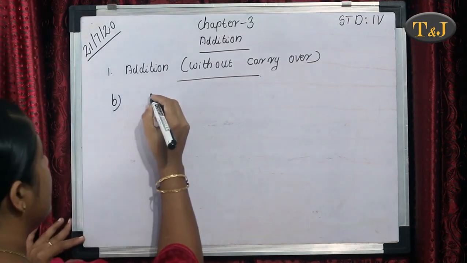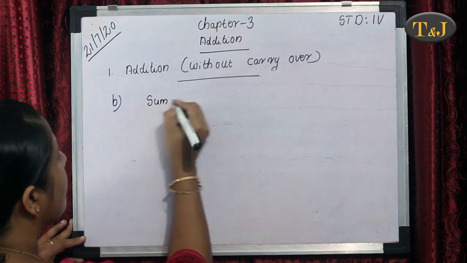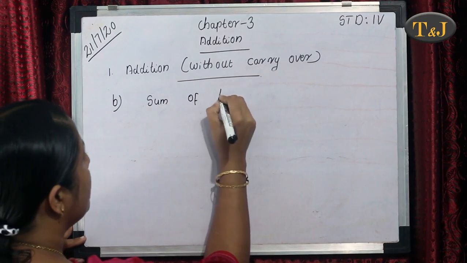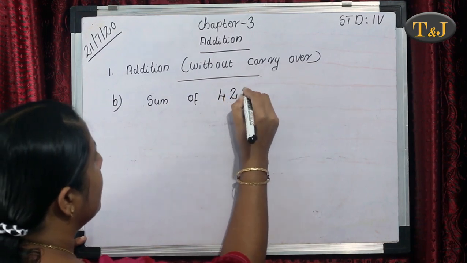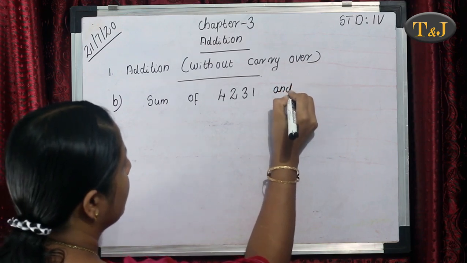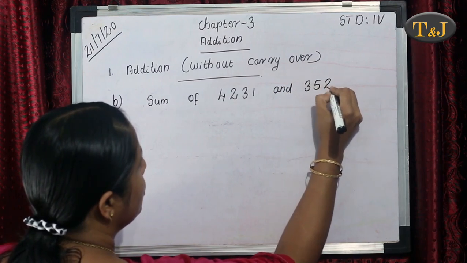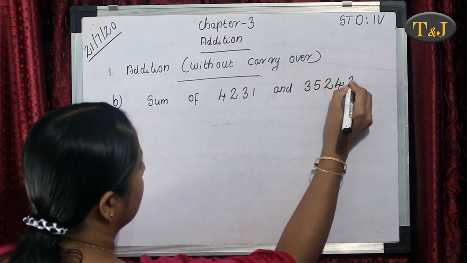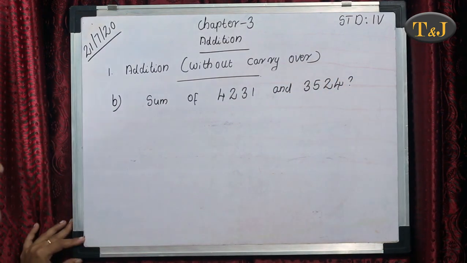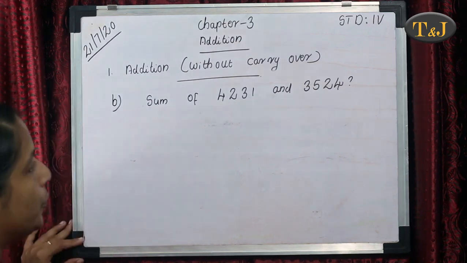Consider another example. Find the sum of 4231 and 3524.